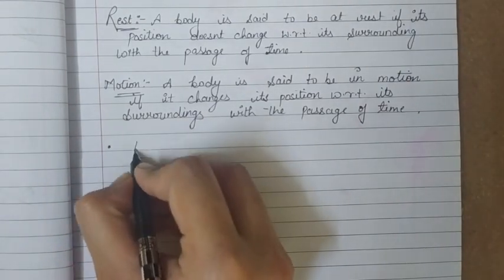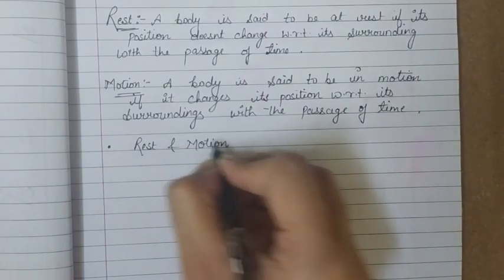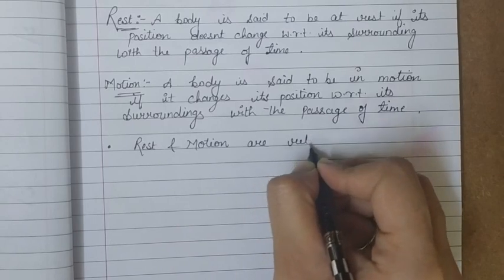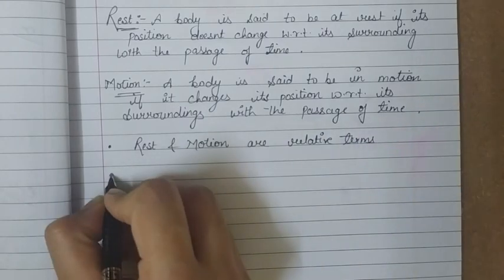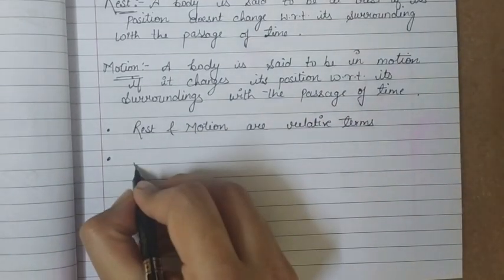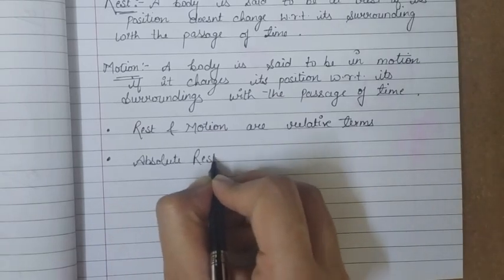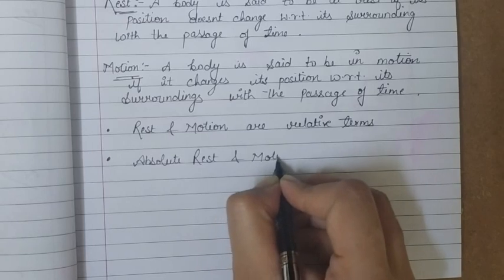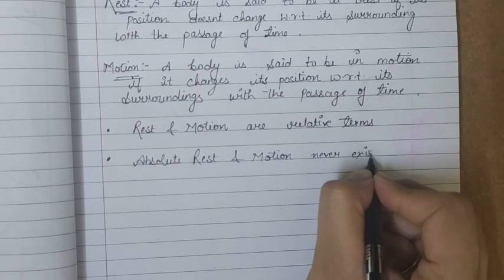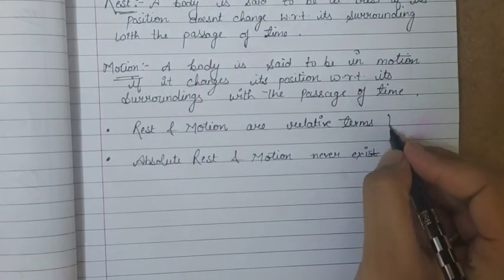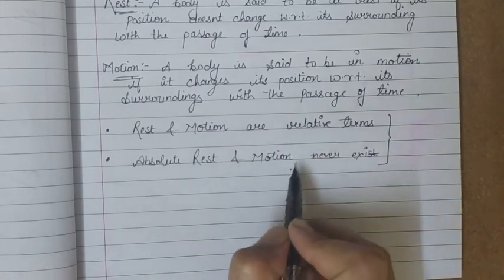First, rest and motion are relative terms, and the second is absolute rest and motion never exist. So these two statements completely explain the terms rest and motion. How can we explain these statements?